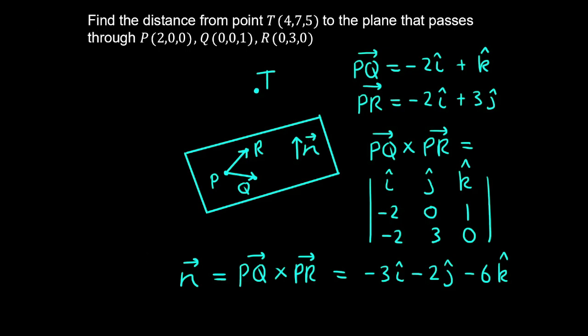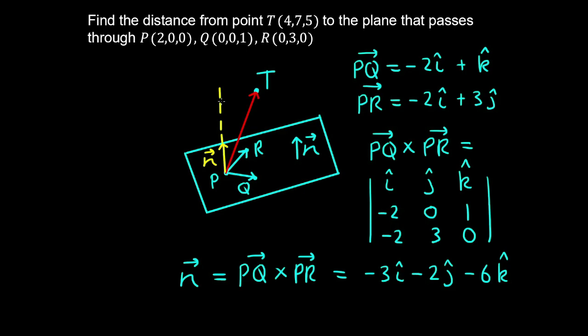So if we take a vector from any point on the plane to the point T, then the distance of the point to the plane can be obtained by projecting this vector onto the normal vector.